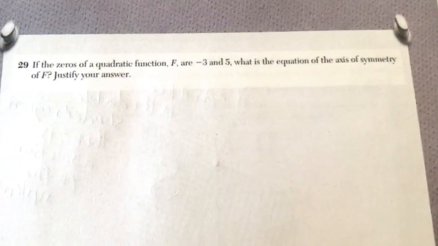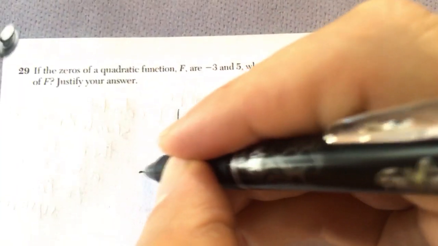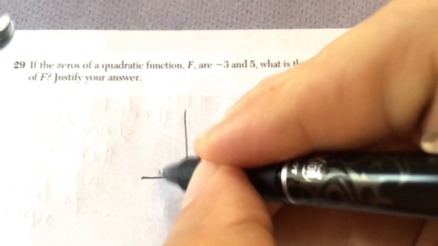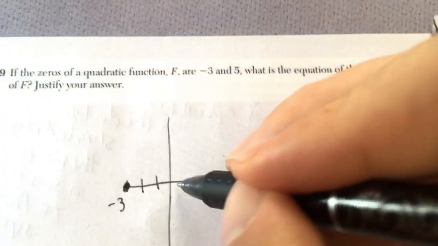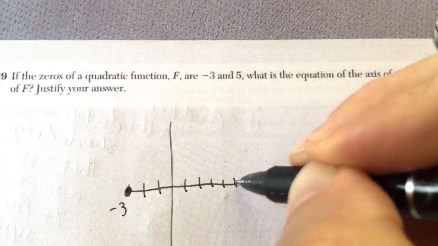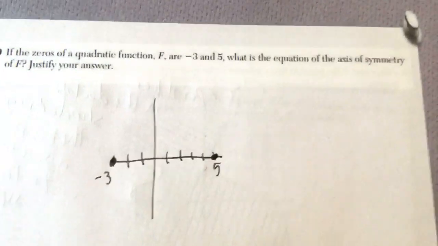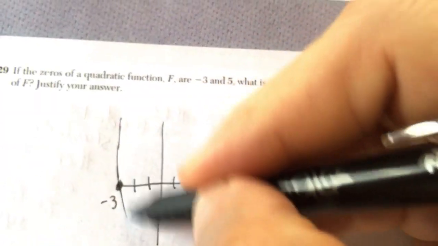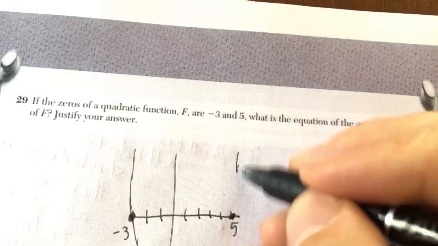If the zeros of a quadratic function are negative 3 and 5, what is the equation of the axis of symmetry? Okay, here's my negative 3 and 5. So that means my parabola is doing something like this.